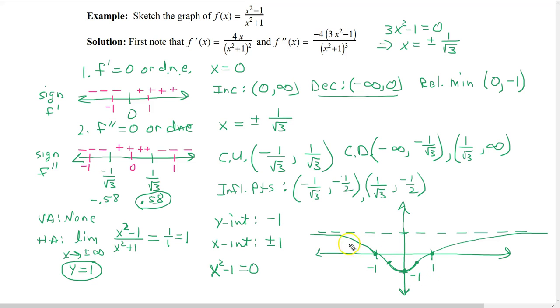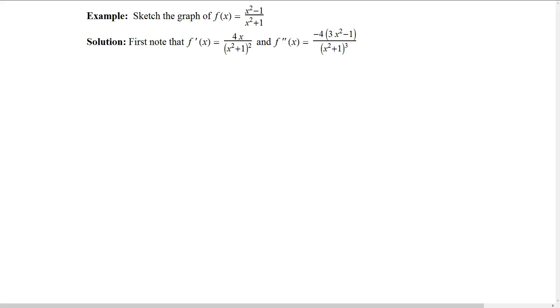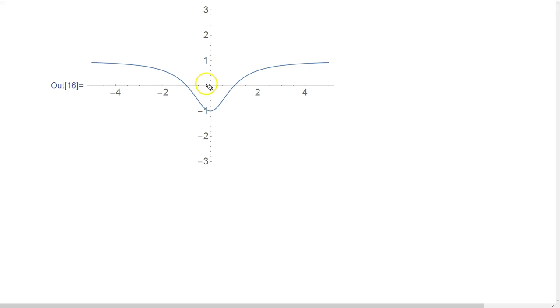Now let's take a look at a computer-generated graph and see if it matches with what we found here. So right here is what the graph of that function looks like. Notice right here we have a relative minimum, that is the point 0, -1.